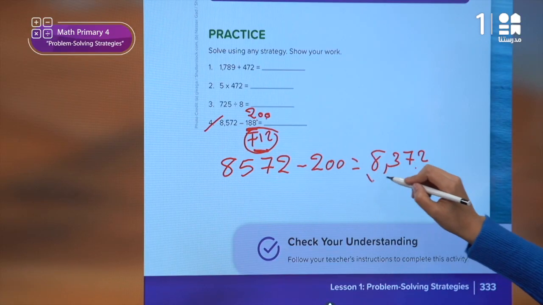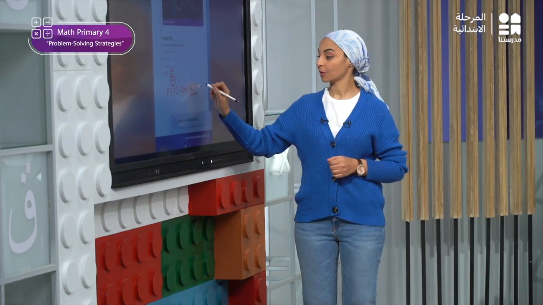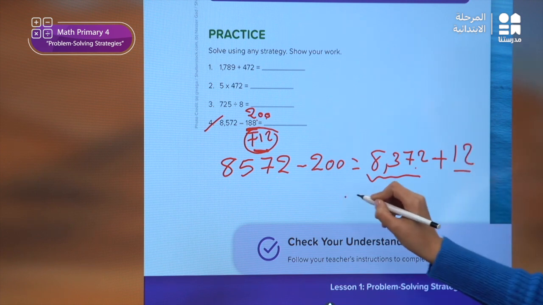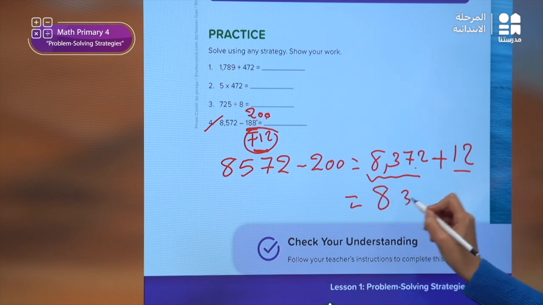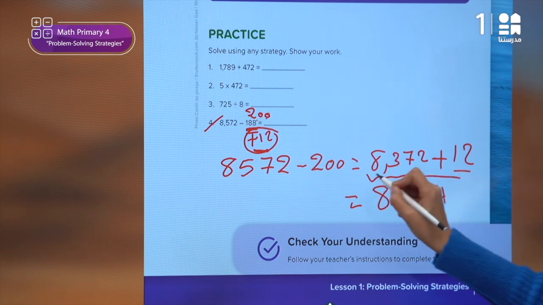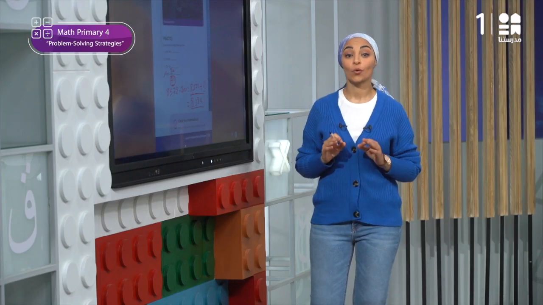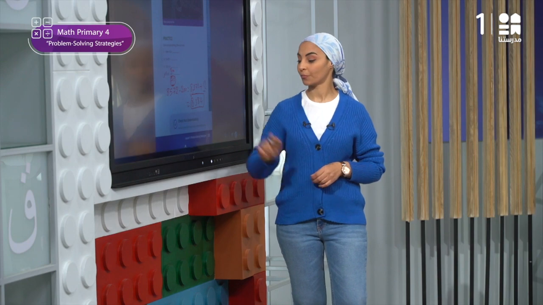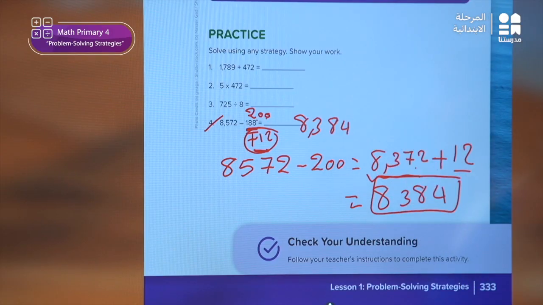So I will do 8372 plus 12, right? 8372 plus 12 gives me what? Yes, it gives me 8384, and this is my final answer. And now this is the correct difference between these two numbers. My answer is 8384. Of course, if you use any other strategy, we can use any other strategy, in the end we must get the same answer.